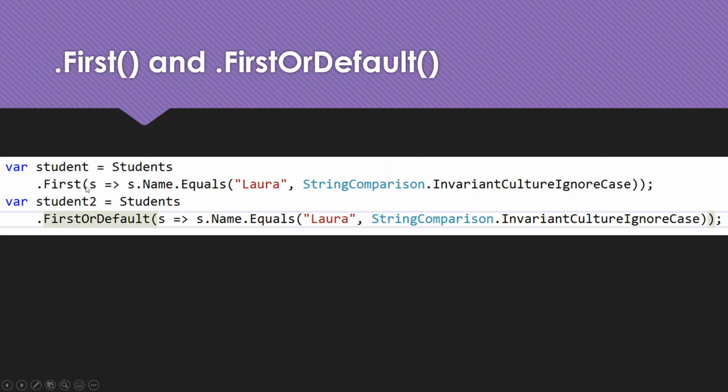But this inside of here is the lambda expression syntax we're talking about. On the left-hand side of the lambda expression, you have a temporary variable. On the right-hand side, you have the temporary variable being used to dictate what you want the filter value to be. So here we know that s is a student, and we want to match all students whose name equals Laura, using the standard string comparison that we saw in a lot of the code alongs so far.